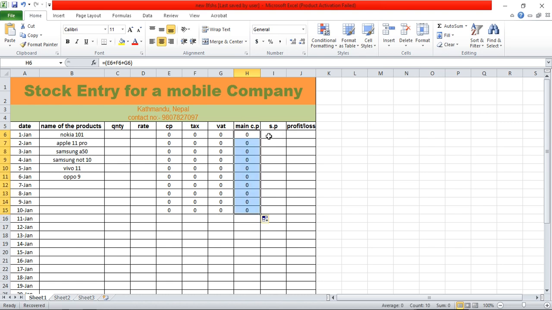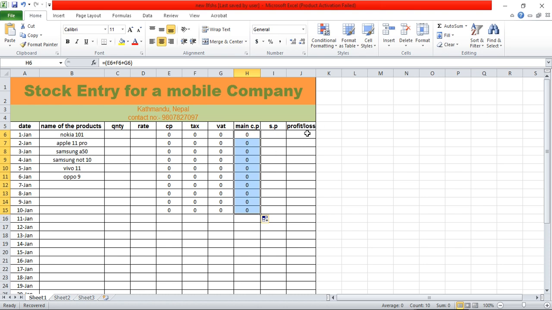Next is the selling price. This one you have to enter manually: the price at which you purchased the product and the price at which you sold it, so that the profit and loss can be determined here.